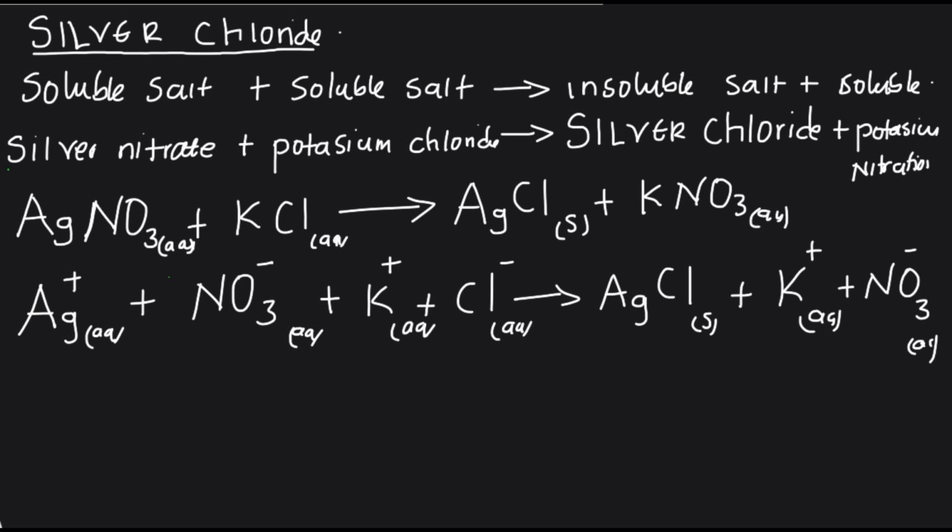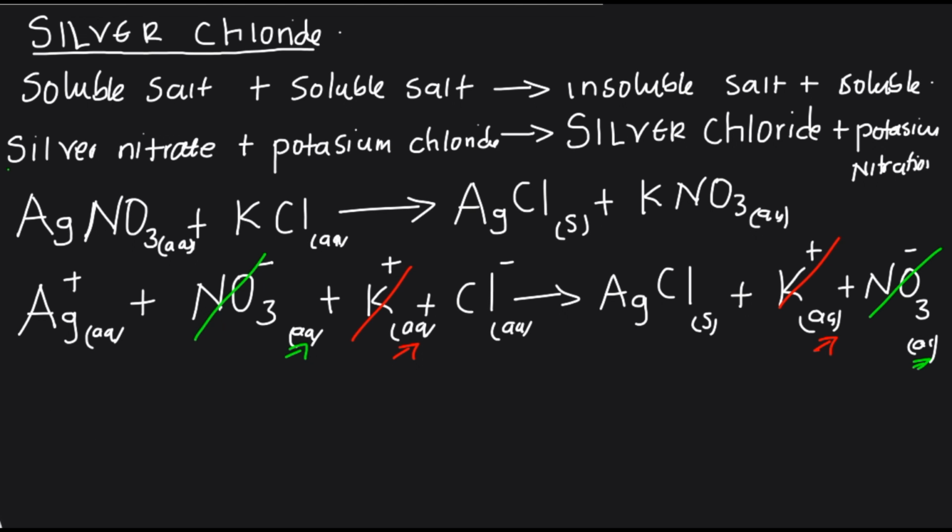The net is where you cancel the spectator ions. We can see that nitrate is aqueous, also here it is aqueous, so this is a spectator. Spectator ions are ions that did not take part in the chemical reaction. Potassium is aqueous, also here it is aqueous, so this is as well a spectator ion.